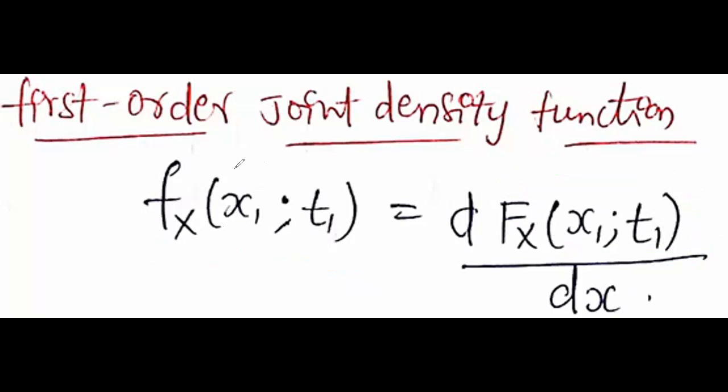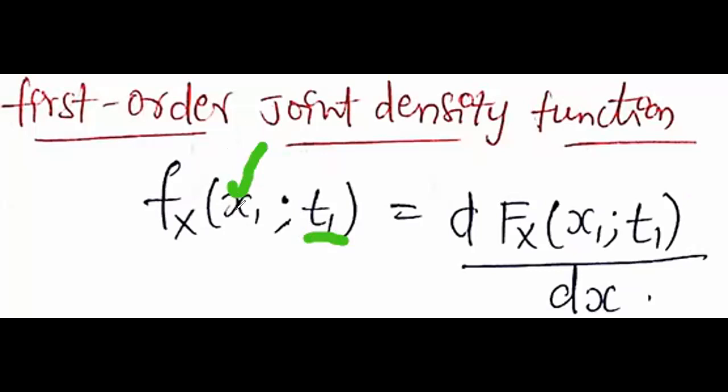Here the joint is between these two variables, that is time and the variable x1. As we know, the random process is a combination of two variables: the first one is x1, and the second one is time. We are going to treat this x as a sample space, right?